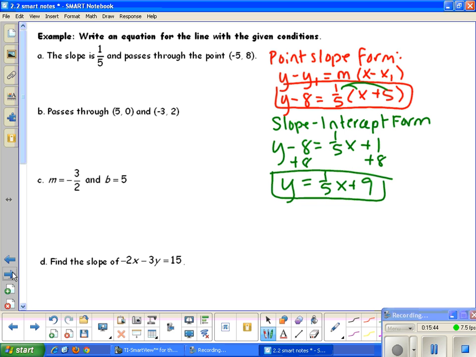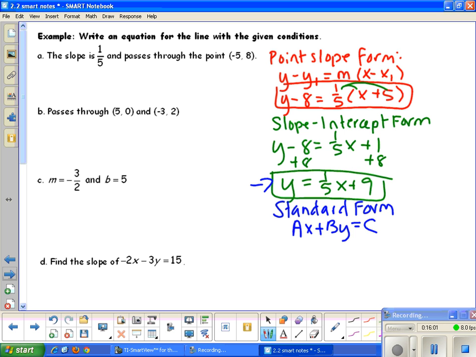And then, of course, the last one, standard form, is the form of ax plus by equals c. So notice your x and y are on one side and your constant is on the other.